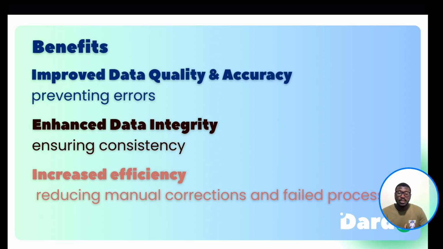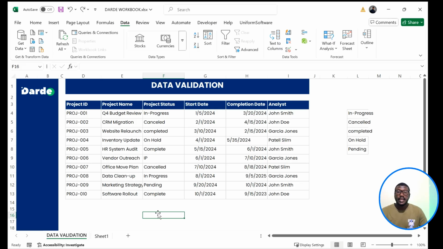So how do you use data validation in Excel? Let's look at the spreadsheet that I've prepared. So here we have a spreadsheet of data. It's some project management data, and we have project ID, project name, status, start date, completion date, and the analysts.